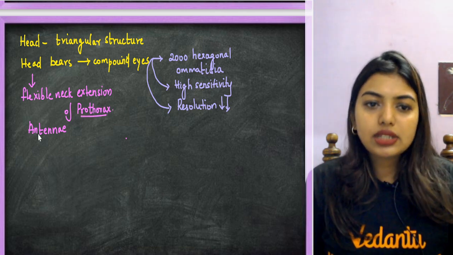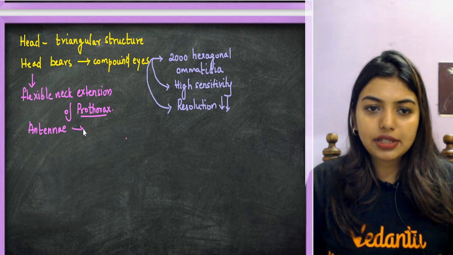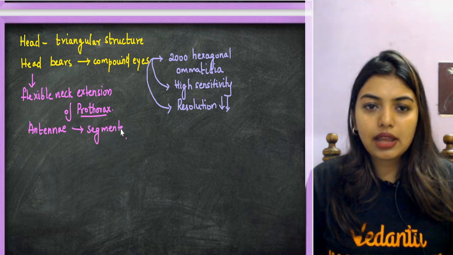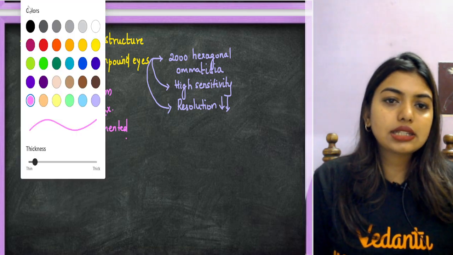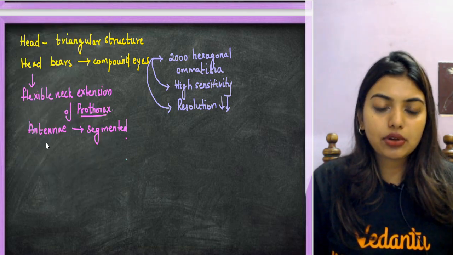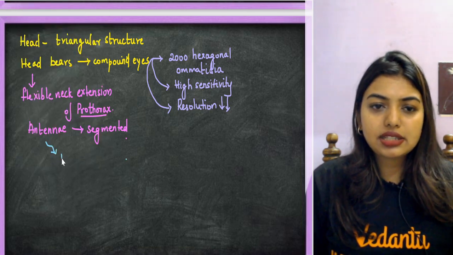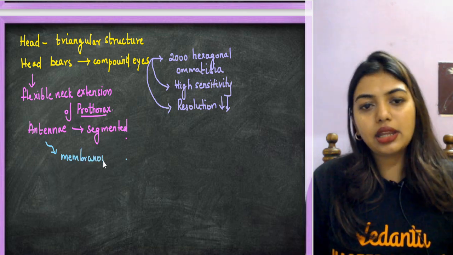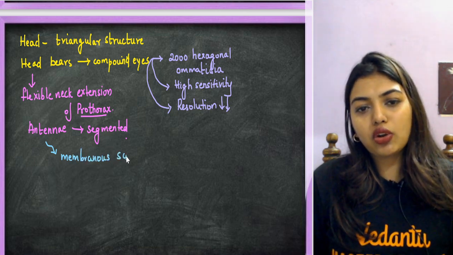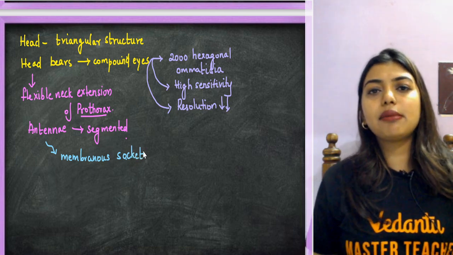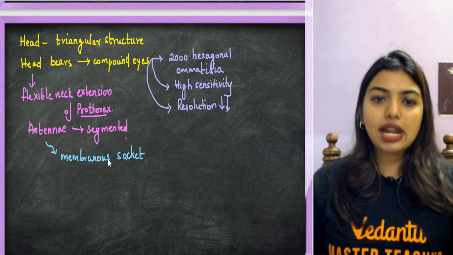Done. Now this antenna is segmented. And where is it present? Very important, this antenna is present in a membranous socket, and inside this membranous socket the antenna will be present.